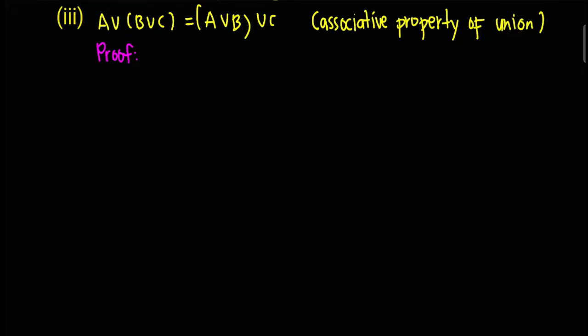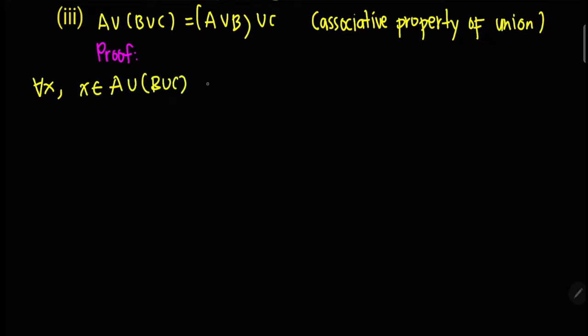Again, since we want to show equality of sets, we are going to show that every element of the first set is an element of the second set and vice versa. So for every x, what do we mean by x is an element of A union (B union C)?